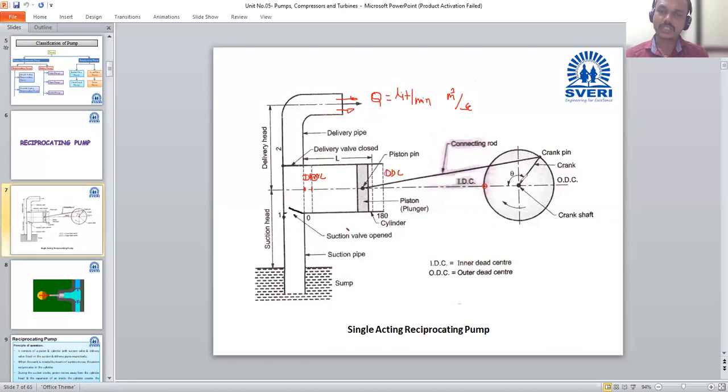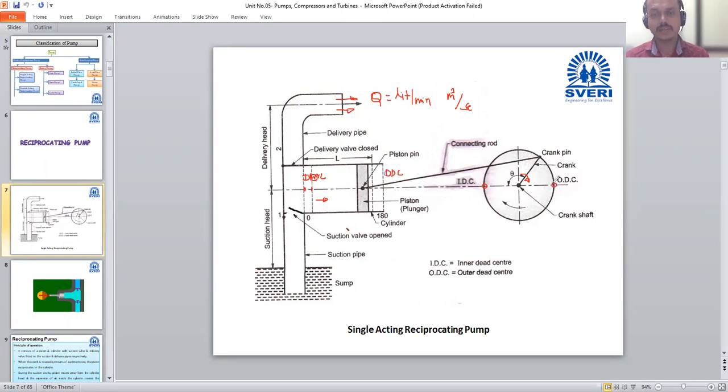Now when the prime mover starts, it means the crank starts rotating in this direction. So as the crank starts rotating in clockwise direction, the piston starts moving from inner dead center to the outer dead center, up to when the crank pin reaches 180 degree.